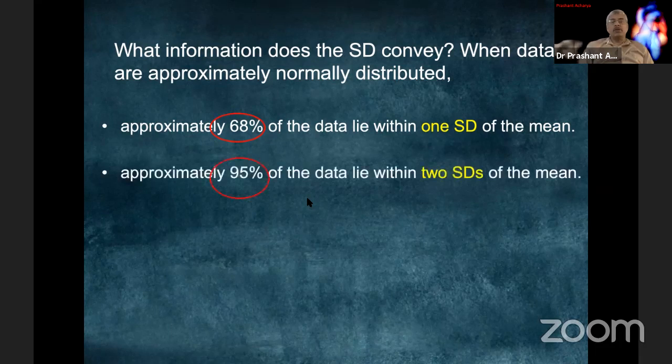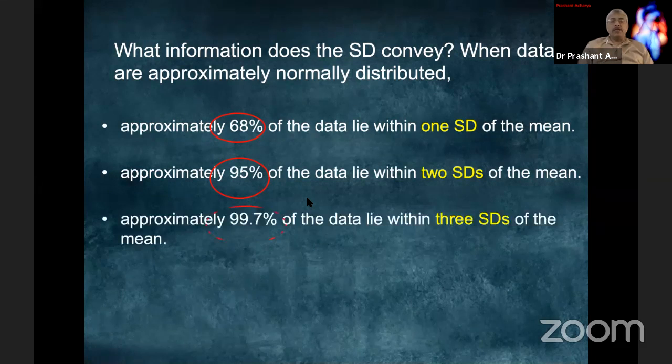If you put it across 2 standard deviations, approximately 95% of the data is going to lie within these 2 standard deviations. And if you call it 3 standard deviations, 99.7% of the data will lie in these 3 standard deviations. So that's the value of understanding a standard deviation.